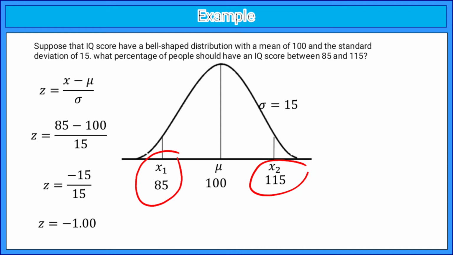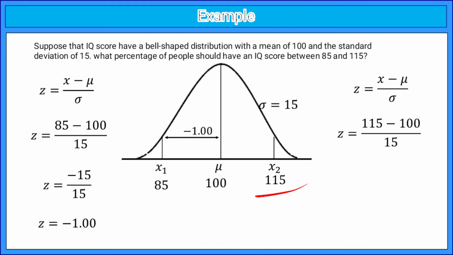Now we're going to compute the z-score of x sub 2, which is 115. We just plotted this one here. Just substitute again: 115 minus 100 divided by 15. 115 minus 100 is 15, divided by 15 is positive 1.00.